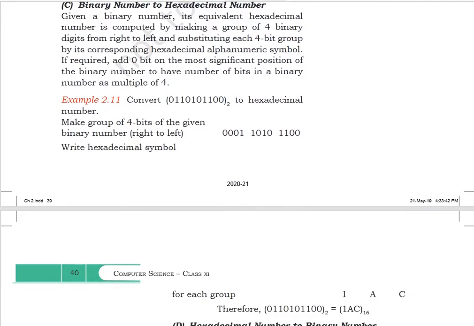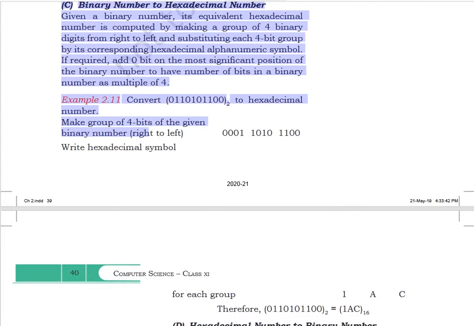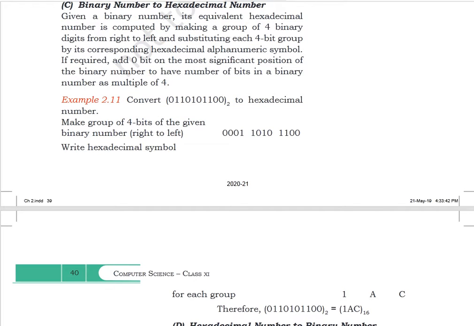And here we will take an example, 0110101100 to the base 2, which is a binary number, and we have to convert it to its equivalent hexadecimal number. So make groups of 4 bits of the given binary number, right to left. This is very important. I repeat, right to left.